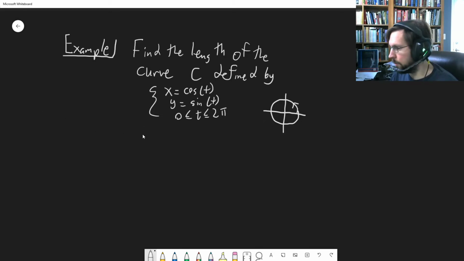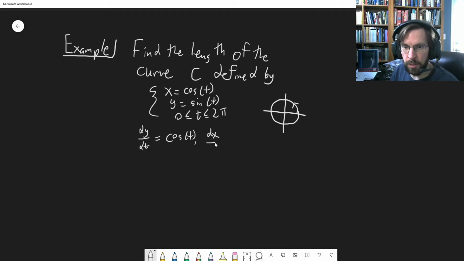We can compute the arc length. dy dt should be cosine t, and dx dt should be negative sine t.